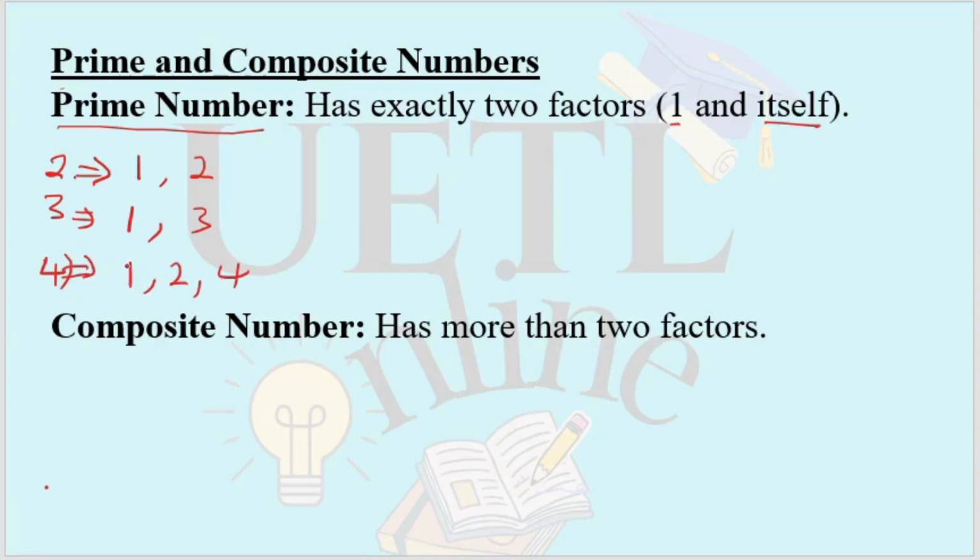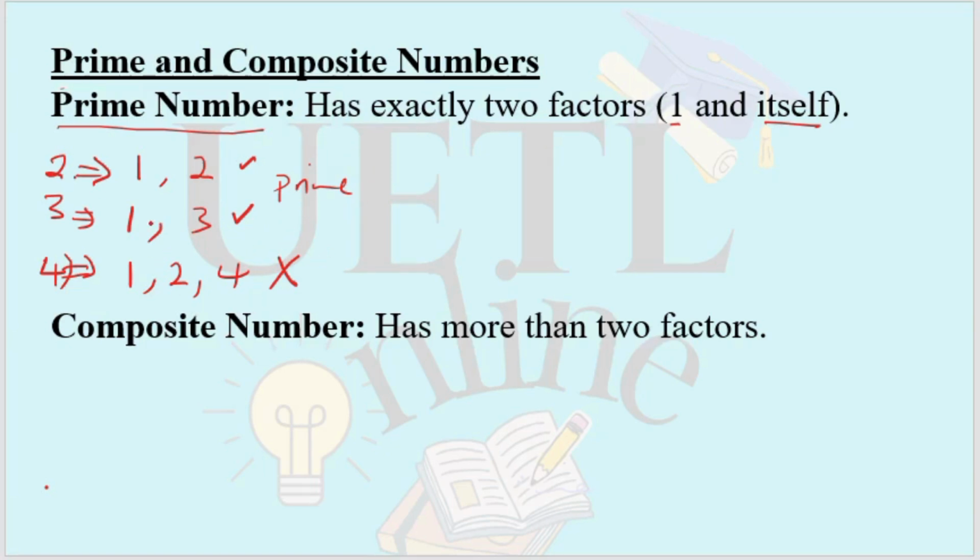So 2 and 3 have only 2 factors, which means they are prime numbers. 4 has 3 factors, so it's not a prime number. A prime number is a number which has exactly 2 factors. When you are asked if a number is prime or not, first count the factors of that number. If there are 2, it's prime. If there are more than 2, it's not prime.